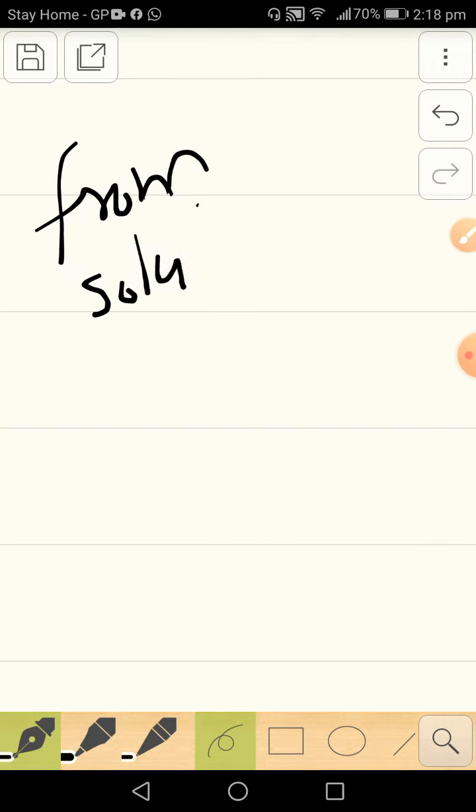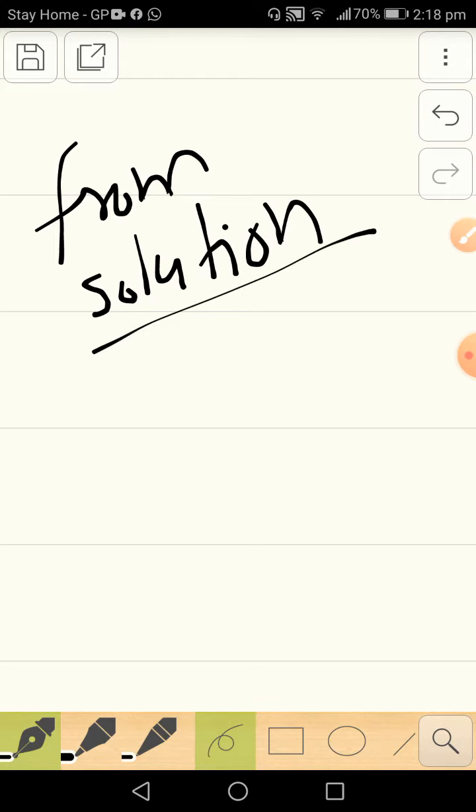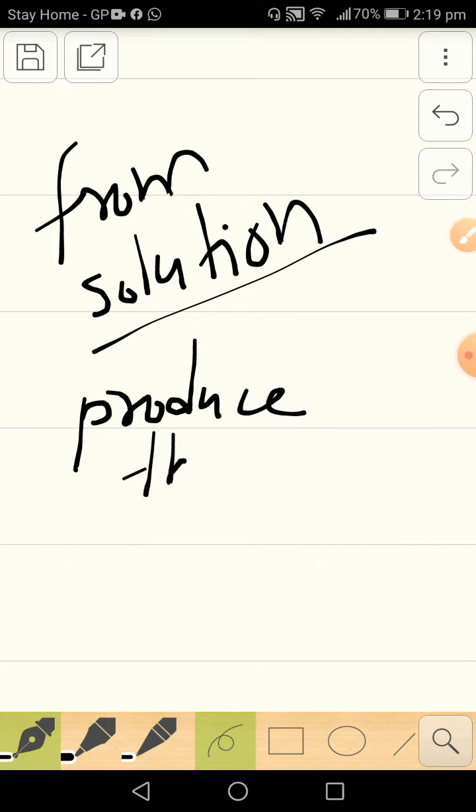Till now we have learned how to take the salt out of the solution, but we haven't yet learned how to produce the salt or how to make the salt. So we have to learn this now.